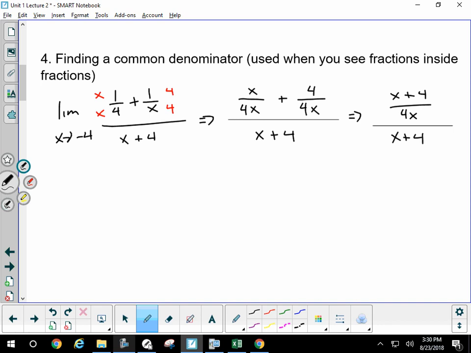I have a fraction inside of a fraction. But what I like to do here is, instead of dividing a fraction by something, instead multiply by the reciprocal. Change this into 3/4 times 1/2. Right? We know we can do that. That becomes 3/8. I'm going to change this into x plus 4 over 4x times 1 over x plus 4.